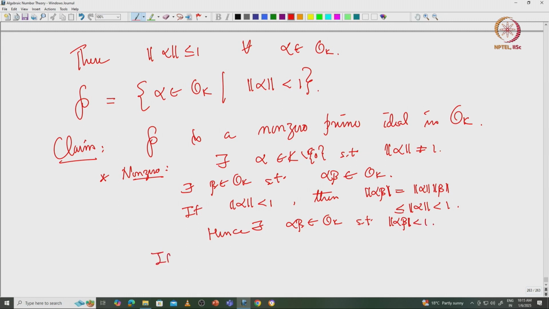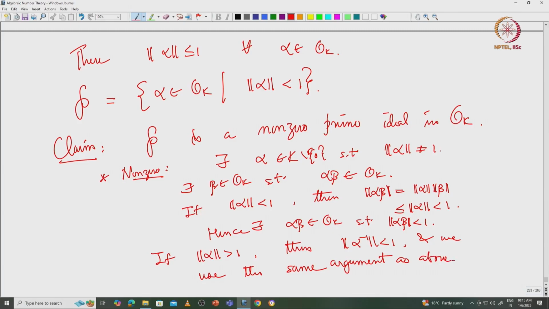On the other hand, if valuation of alpha is strictly bigger than 1, right, then valuation of alpha inverse is less than 1, and we do the same thing. We use the same argument as above. Okay.